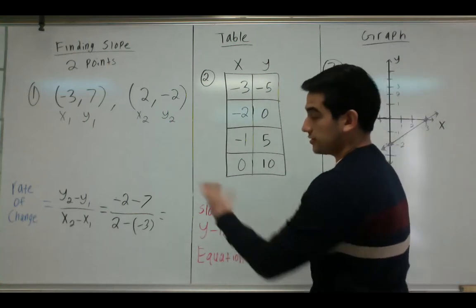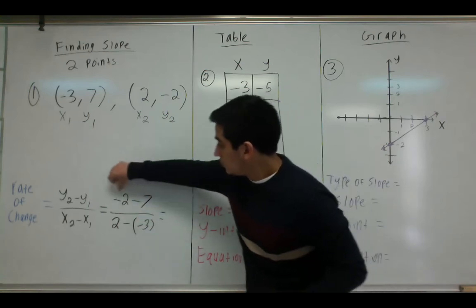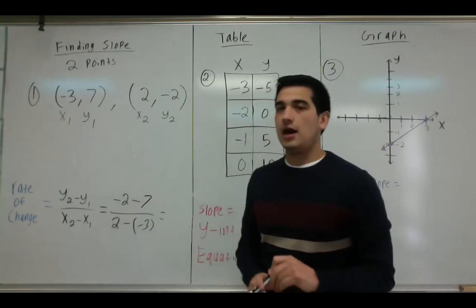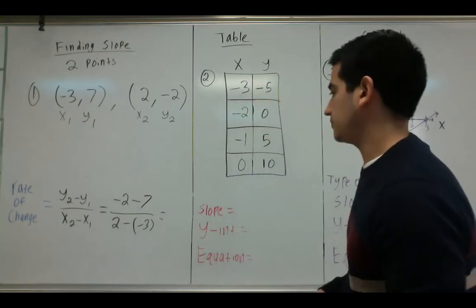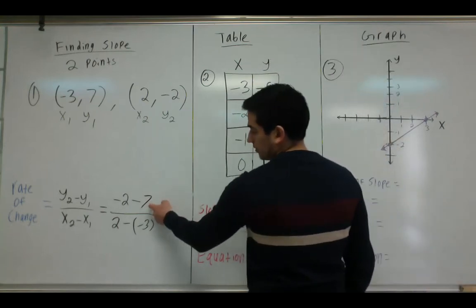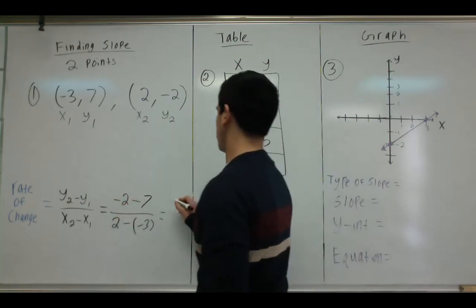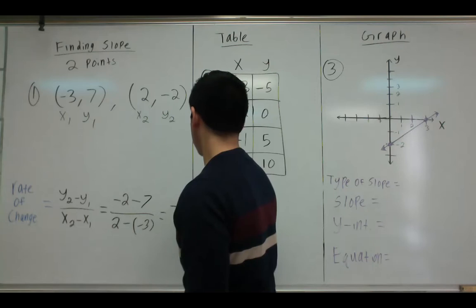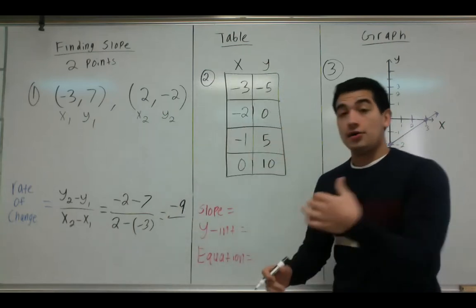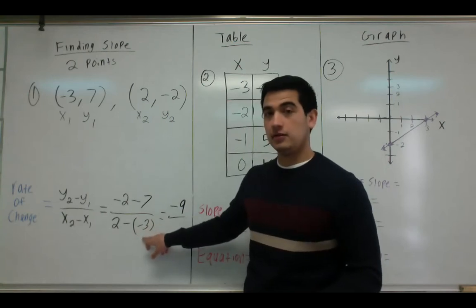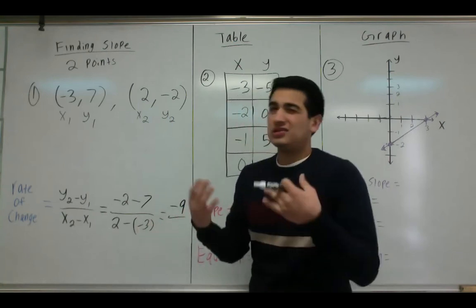And then that's it. So from here, you can either type all of this into the calculator or you can just go line by line. I like to go line by line. It's pretty easy. So on the numerator, on the top, I have -2 minus 7. -2 minus 7, -9. Okay. On the denominator, I have 2 minus a -3. Okay. So when we have minus a negative, that's really a plus.